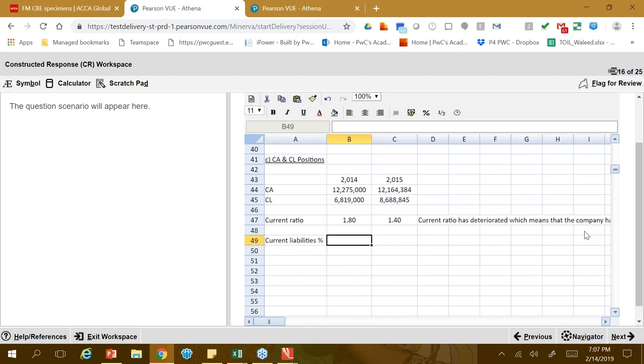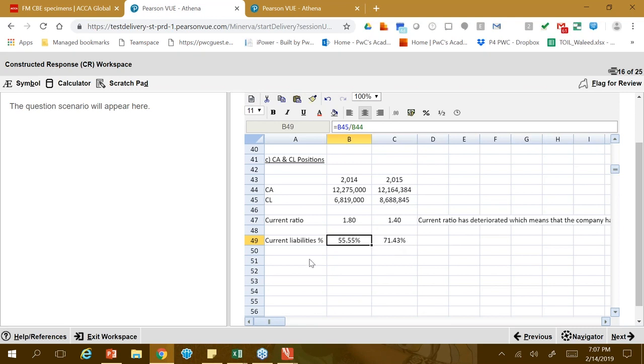So I can say B45 over B44, and the same thing here, C45 over C44. So 55% and 71% is the current liabilities percentage here.